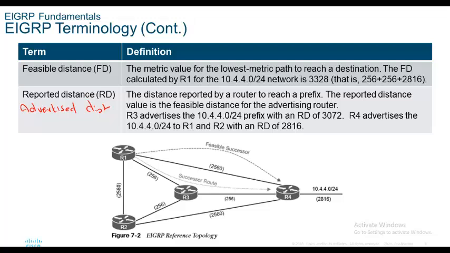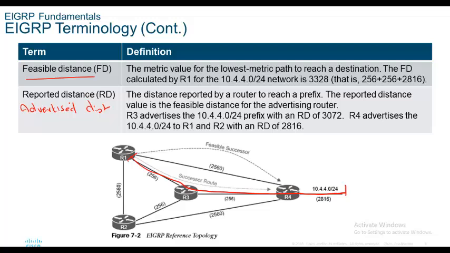Now, what is the reported distance or advertised distance? The metric from the successor to the final destination. We learned in the previous page that R3 is a successor.